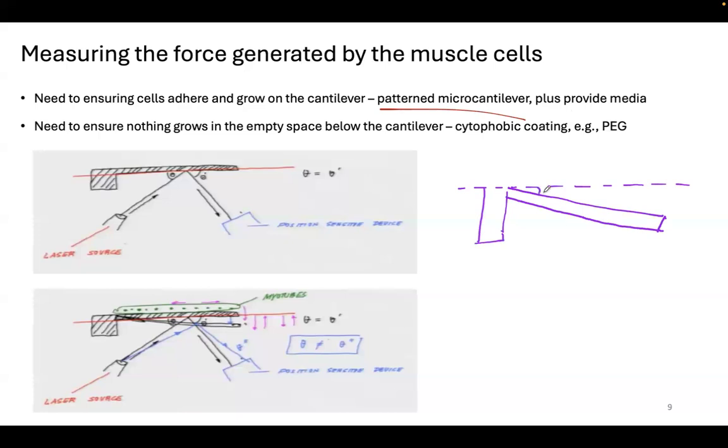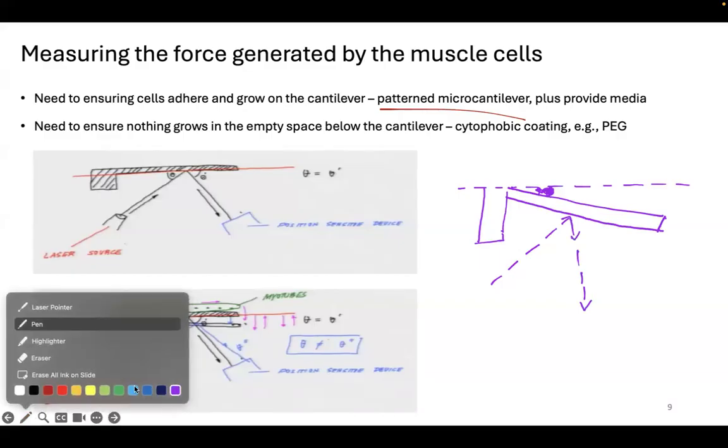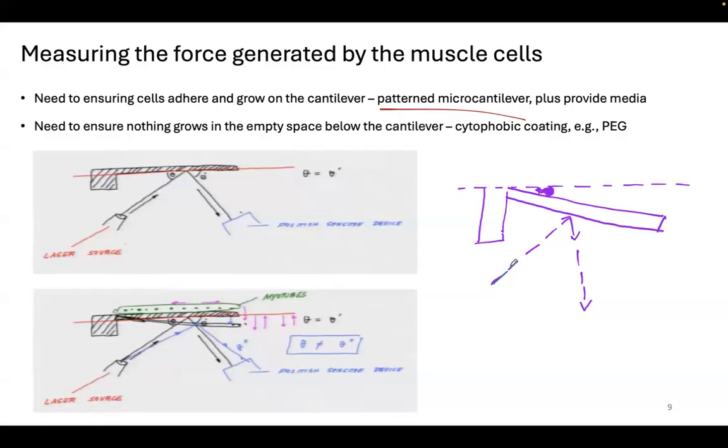So that's the theta. But how is it measured? You have this laser that's going on here, and let's say it goes on here, right? But earlier, when the laser was falling, the laser was still the same. Then it was falling, let's say, here.